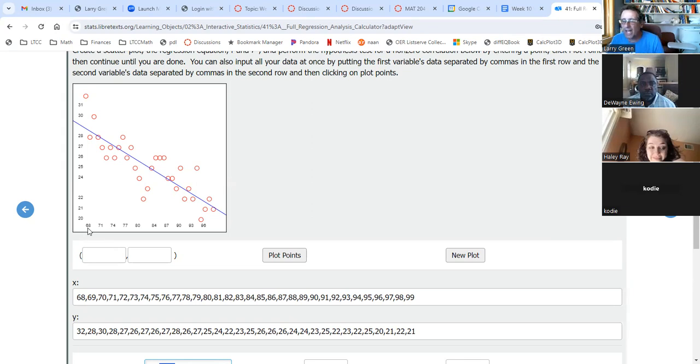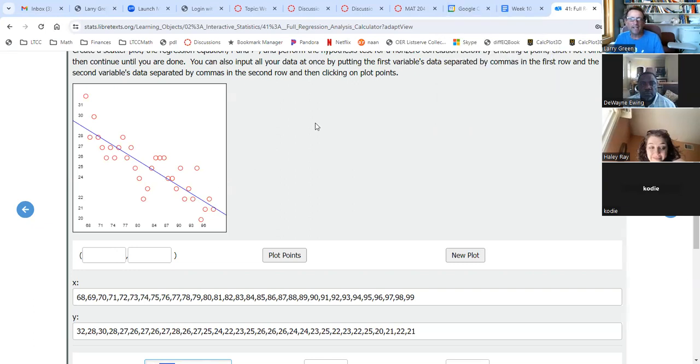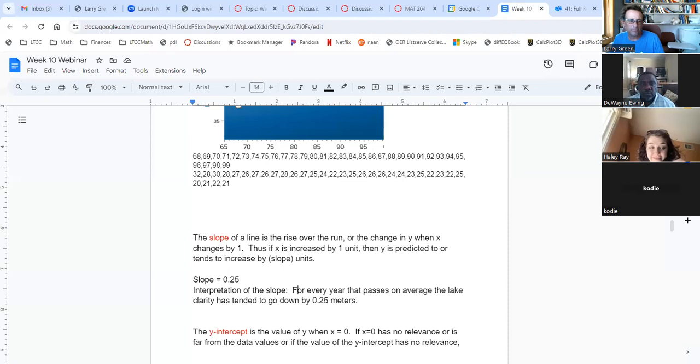If there are no data points anywhere close to zero, then the y-intercept is not very useful because you can't really use the regression line to predict very far away from the data. So we can say that x equals 0 has no relevance because it's far from the data values. So the y-intercept has no relevance.